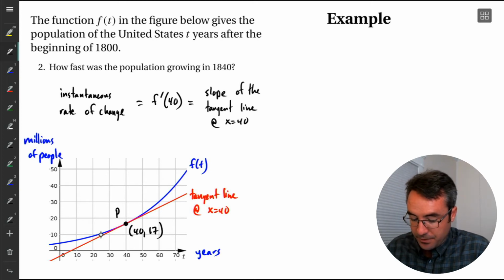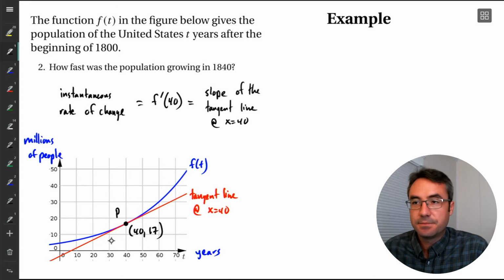So in order to figure out the slope of a line, we need 2 points. So we have our point of tangency here, and then just pick a second point. So we have all these different points to choose from. Try to pick an easy one, something that goes through a grid line.